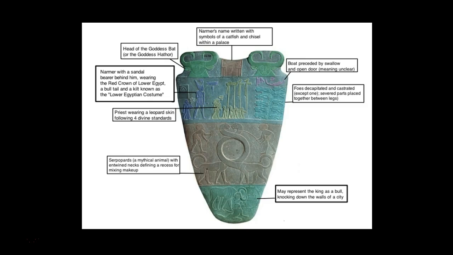These include the way the figures are represented, the scenes being organized in regular horizontal zones known as registers, and the use of hierarchic scale to indicate relative importance of individuals.